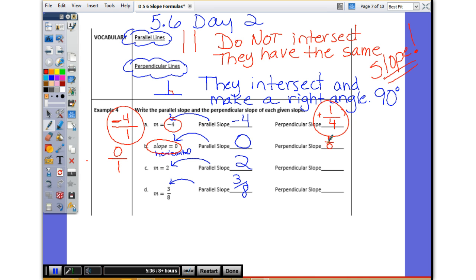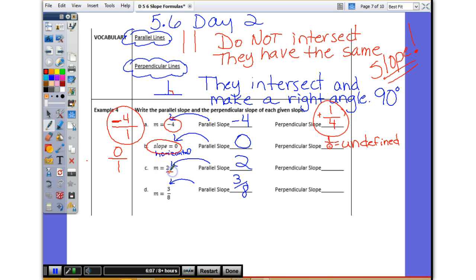Okay, even if we change a positive to negative, but 0's on the bottom, that's bad. Now we turn it into an undefined slope. So if it went from a 0 slope to make it perpendicular, obviously if you have a horizontal 0 slope, to make another line intersect it, you have to have a vertical line to go through it. So that's the undefined slope.